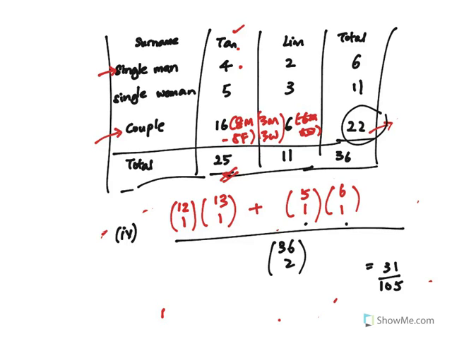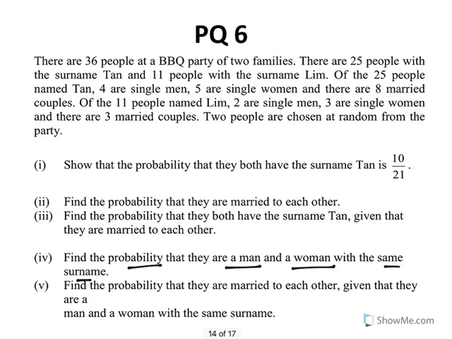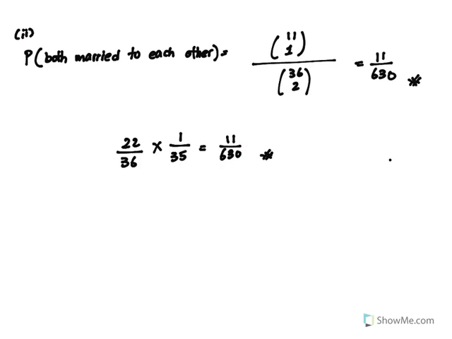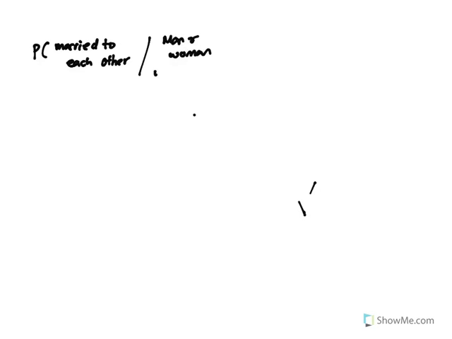Okay, that's for part 4. Part 5: find the probability that they are married to each other, given that they are a man and woman with the same surname. This is going to be quite a pain.